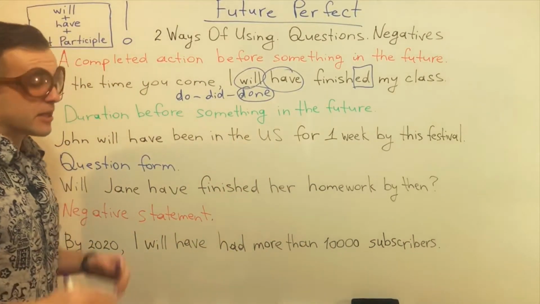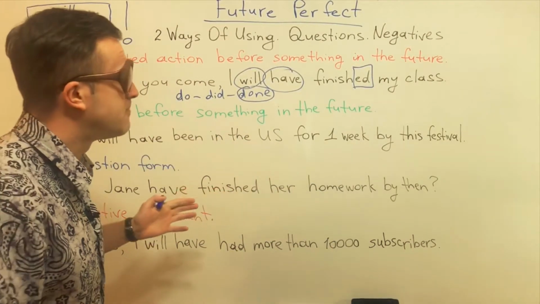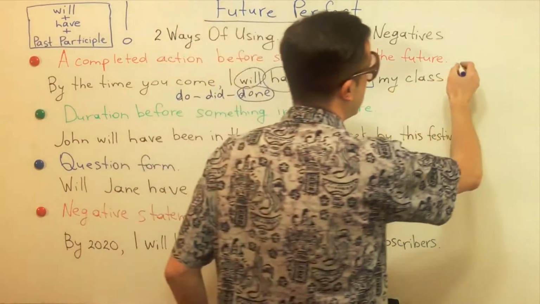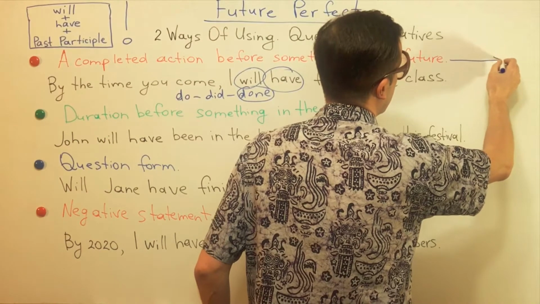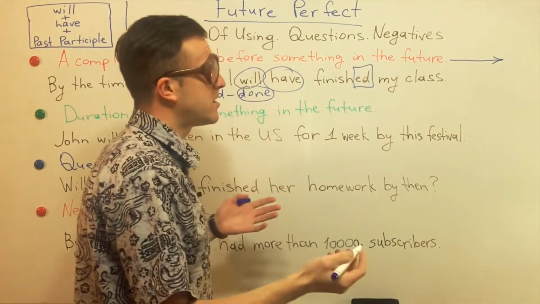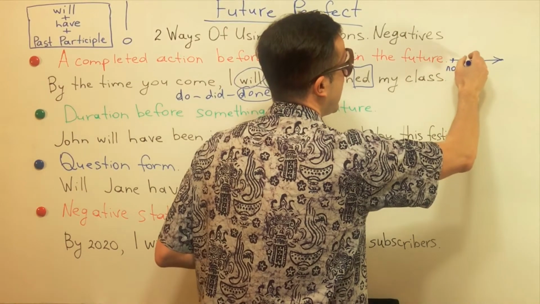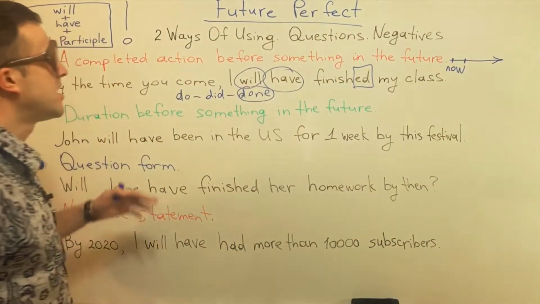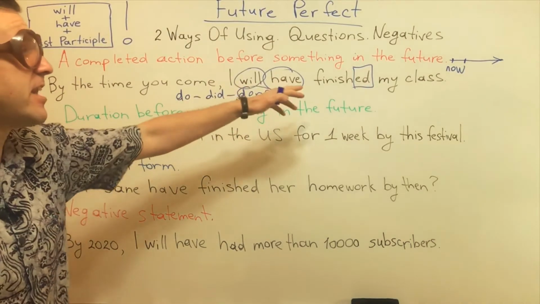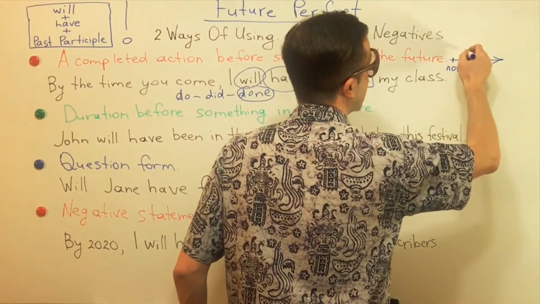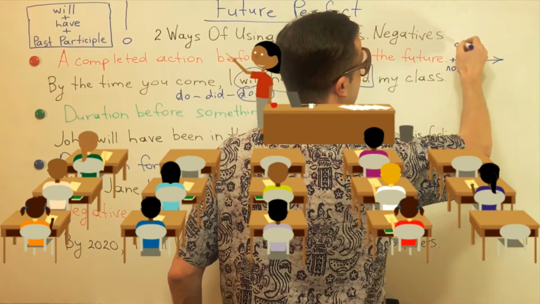Alright, so do you understand how it works? So let's draw a graph over there. And let's imagine that here is a now. Here I will have finished my class. So my class is finished.